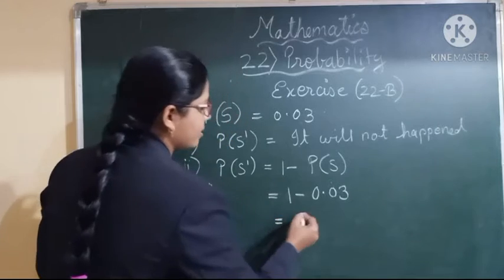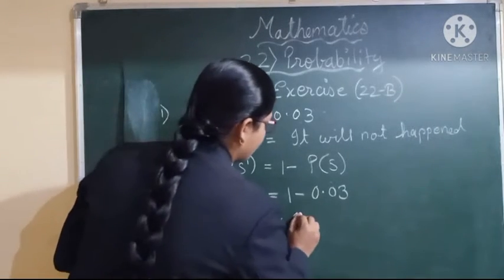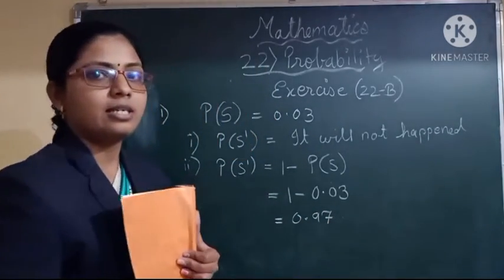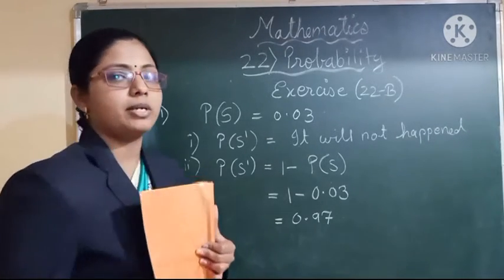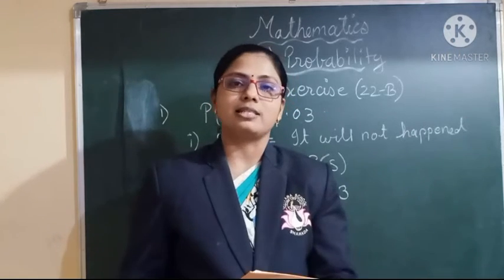After subtracting, what answer do we get here? 0.97. Yes. So this is the answer for the complement probability. Same way we will solve the next example.